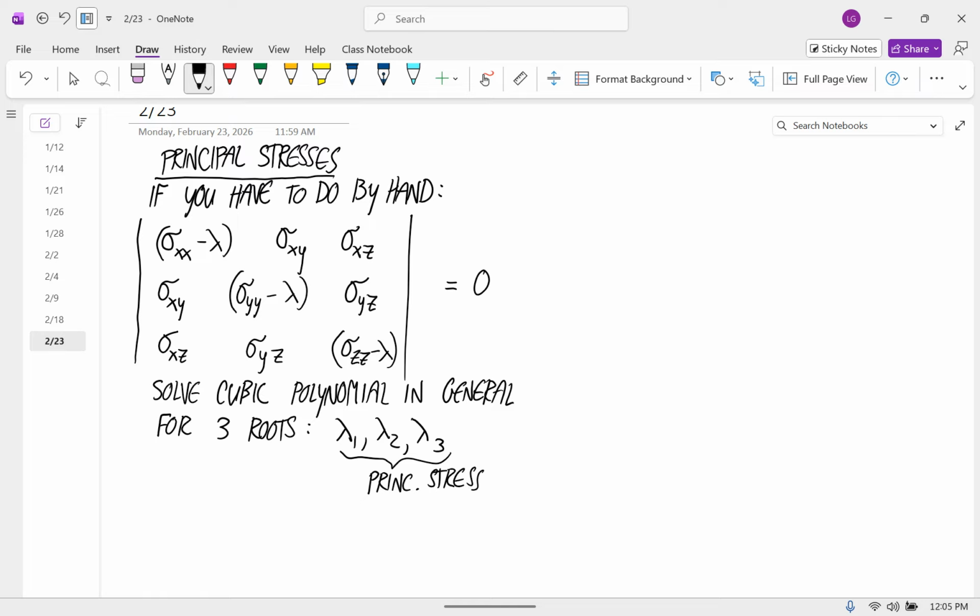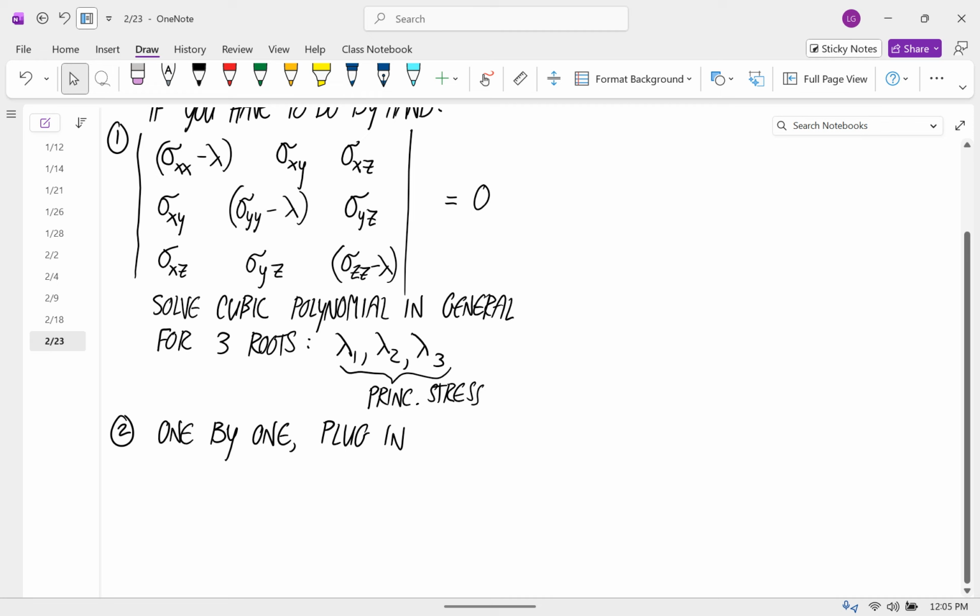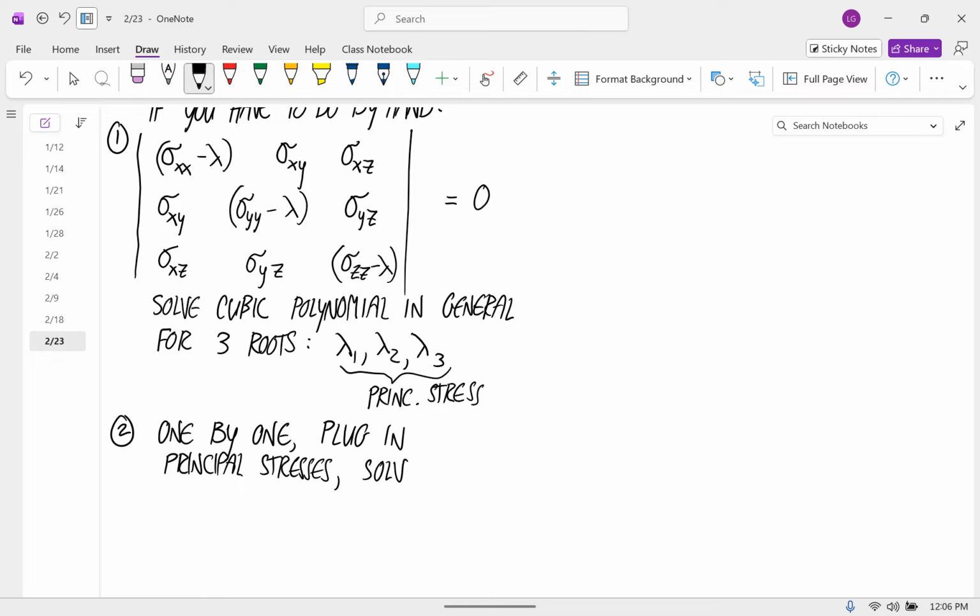So let's say this is the first step. And then the second step is, one by one, plug in those principal stresses. And you're going to solve the equation.